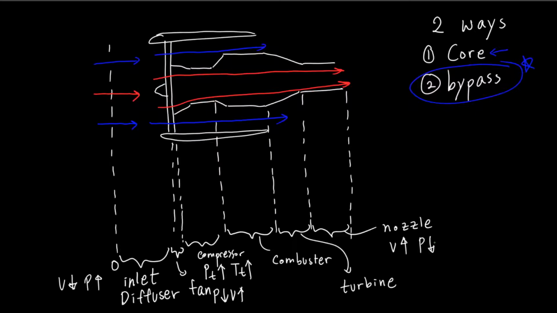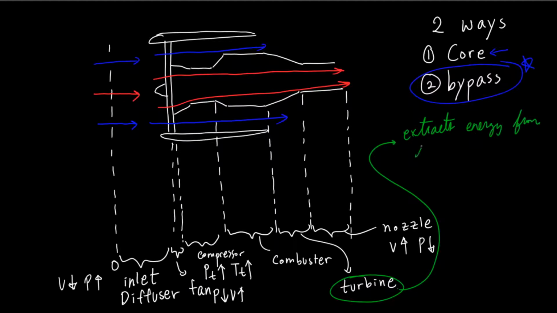And I'll give you the answer for what the turbine powers. I'll probably use green. So the turbine extracts energy from the flow. A more correct term would be power: it extracts power from the airflow.